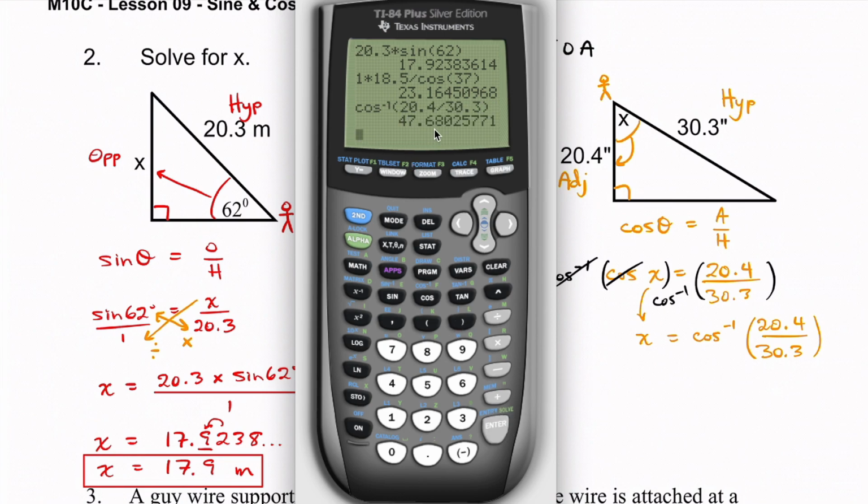Okay, so we got 47.6802. And then with our angles, usually we like to round these to the nearest whole. So we don't want any decimals. So in this case, the 6 is going to round that up. So we get 48 degrees. Okay, and now that one is done.